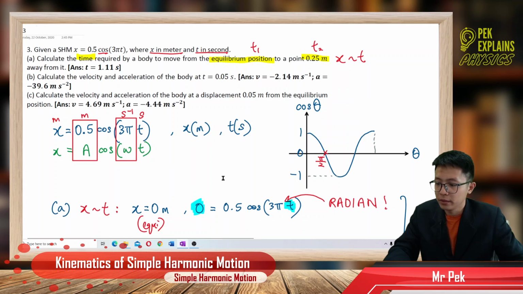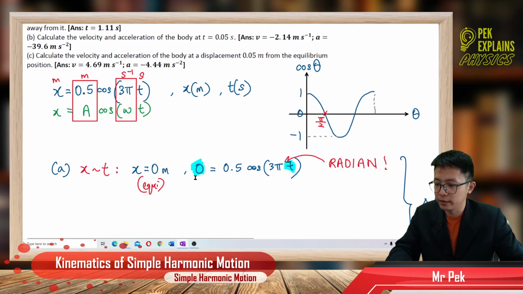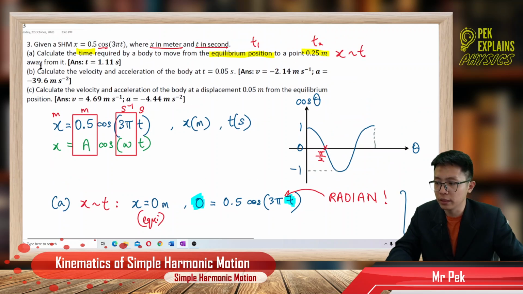Now, the body moved from equilibrium to 0.25 meter. That means it starts from the equilibrium position, which is 0, and goes to 0.25 meter away from it.